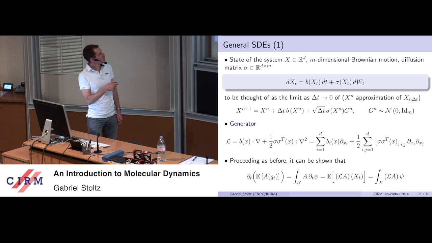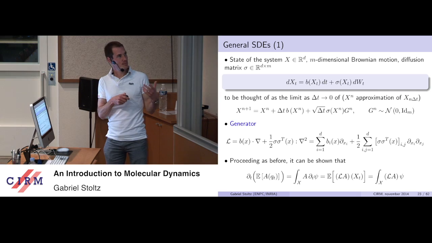So again, in front of the drift part there is a delta t as usual, but in front of the random part there is a square root of delta t. And here G_n are random Gaussian increments. And when you see an SDE like that, you can associate to it what is called the generator. The generator is: you consider the drift part, and the operator corresponding to that is b(x) scalar gradient.